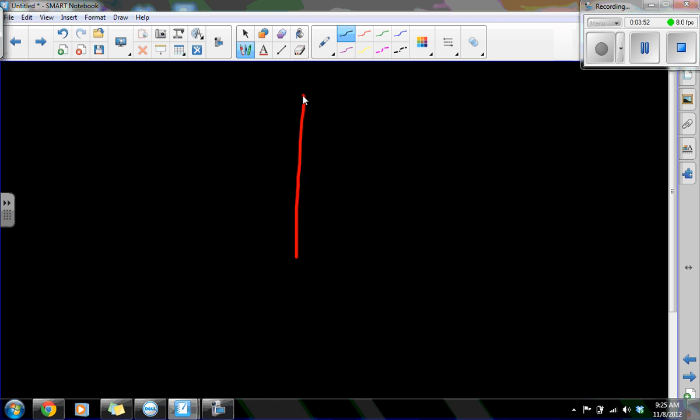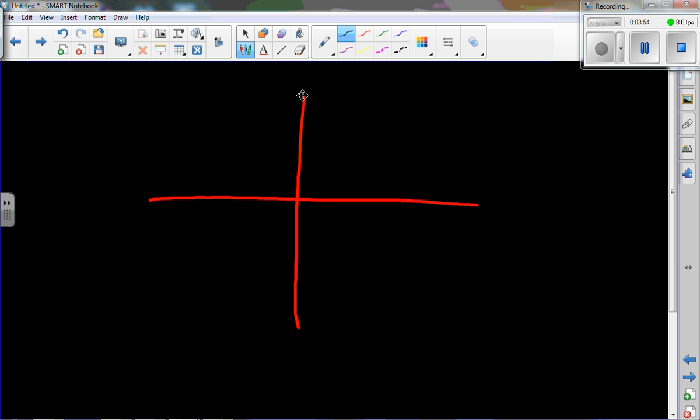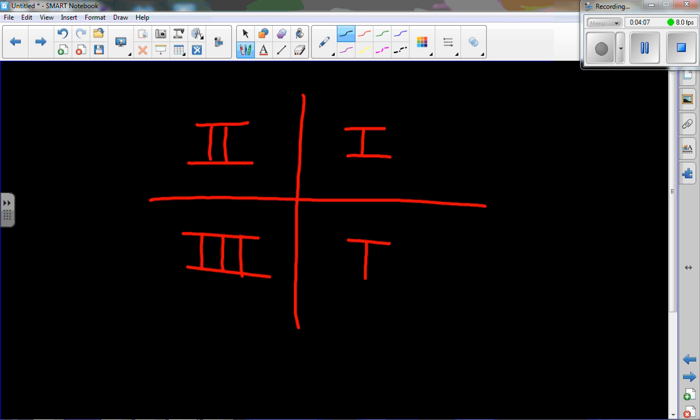All right, the next item that you need to make sure that you remember for your quiz tomorrow is the coordinate plane and the coordinates. We have 4 quadrants, 1, 2, 3, and 4. They're listed here on the screen for you. It's important to remember the signs of each quadrant.